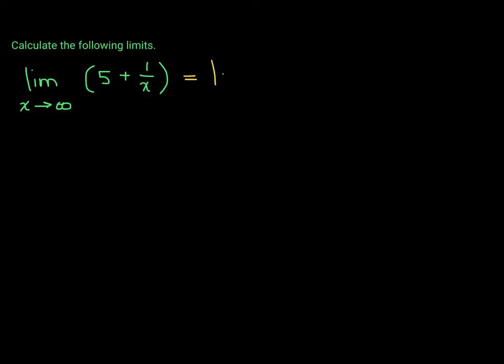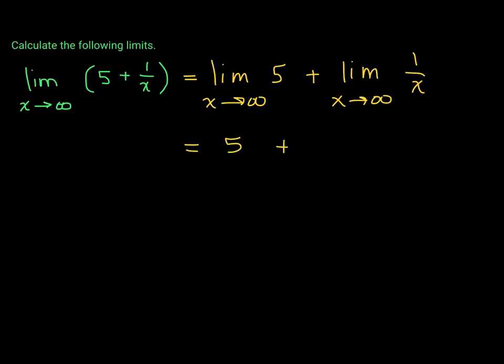So the limit as x approaches infinity of 5, the first addend, plus the limit as x approaches infinity of 1 over x. Now, the limit of a constant like 5 is just 5, right? Plus, and then we just talked about how the limit of 1 over x as x approaches infinity is 0. So this is 0. So then the limit here is 5.